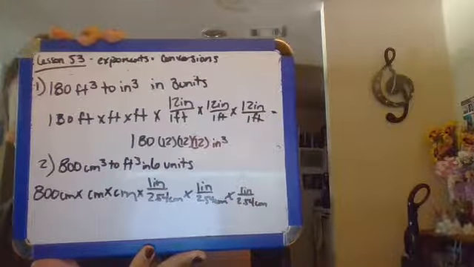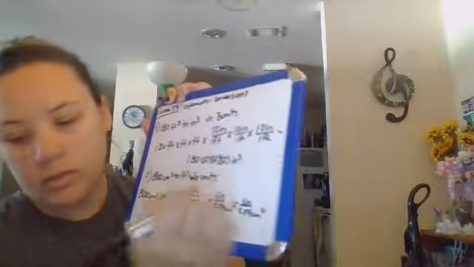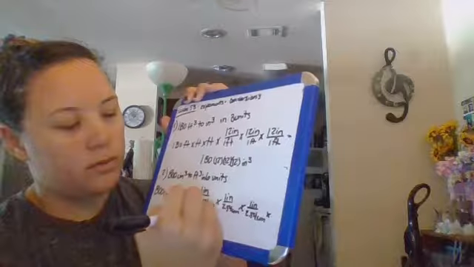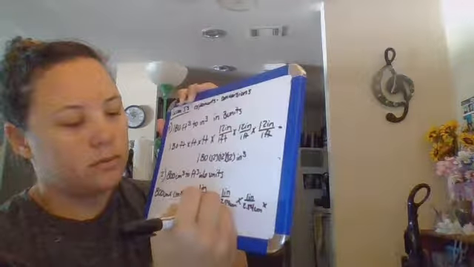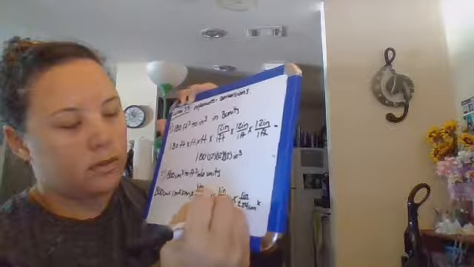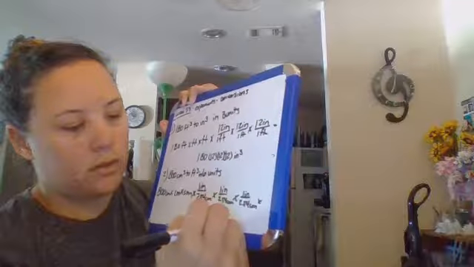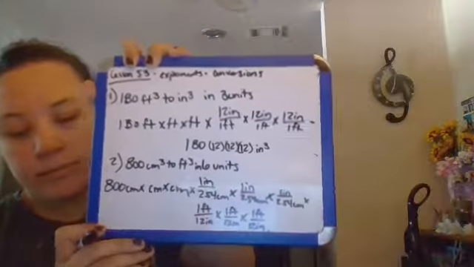Because then there are 1 foot and 12 inches. So we will have 1 foot over 12 inches. So this is all still multiplied out together.